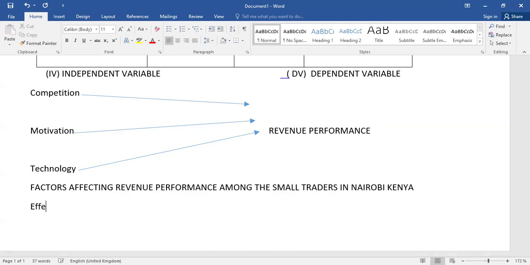We can still say effect of competition, effect of motivation, and technology among the small scale traders, among small traders in Nairobi, Kenya.